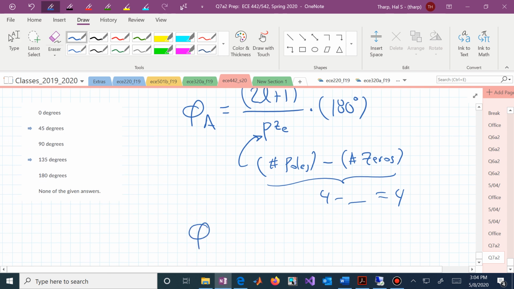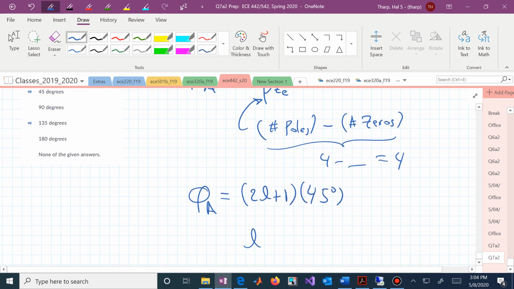Our asymptotes are going to be 180 divided by 4, or 90 divided by 2, or 45 degrees, odd multiples of 45 degrees, where the odd multiples, L, goes from 0, 1, 2, up to the pole zero excess minus 1, which is 4 minus 1, or 3.